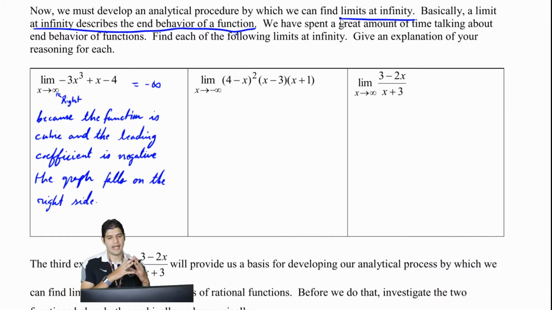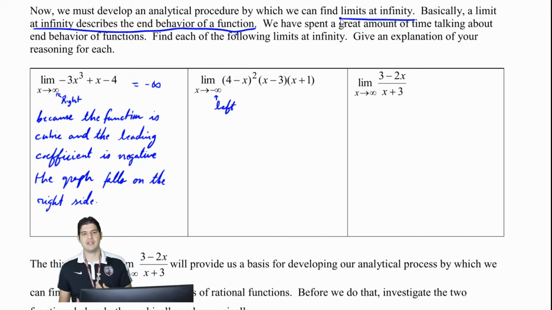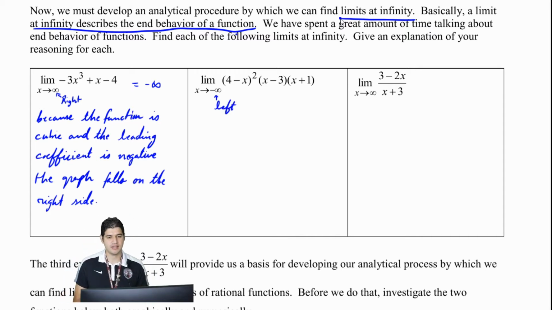Now looking at our second problem, we have the limit as x approaches -infinity. So with -infinity, I'm talking about what's happening on the left side. First we need to figure out what type of function this is. An easy way to do this is, I see -x squared, so that's going to be -x times -x, which is a positive x times a positive x.